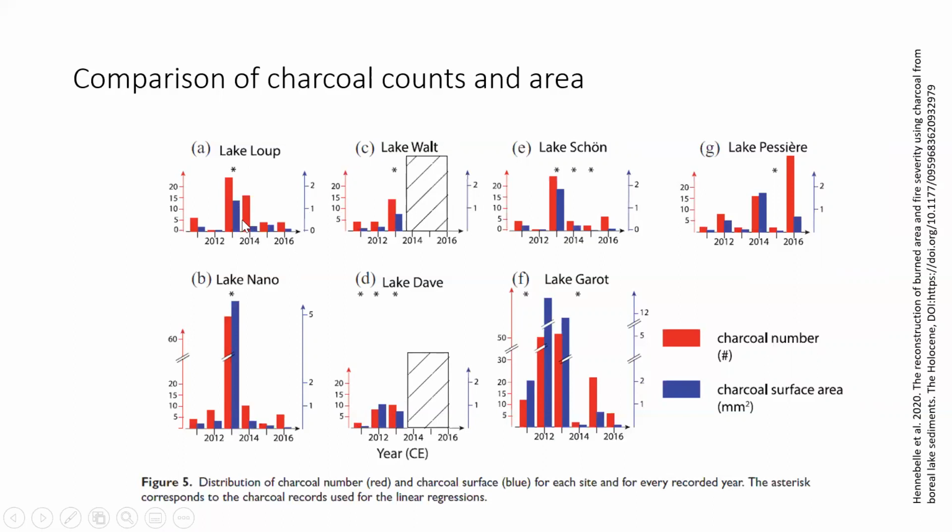And here we can see that usually the count is showing a little bit bigger peak, but usually when there's more charcoal in counted numbers, there's also a peak in the charcoal area. So it seems that both of them give quite a good indication if there has been a fire event in the area.